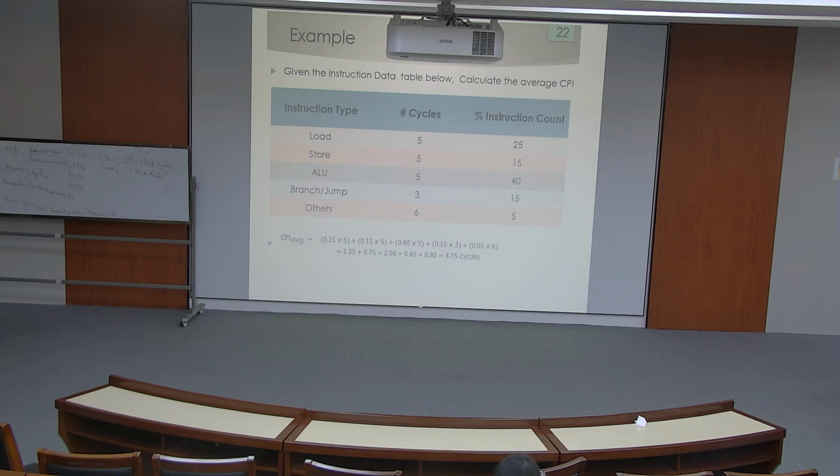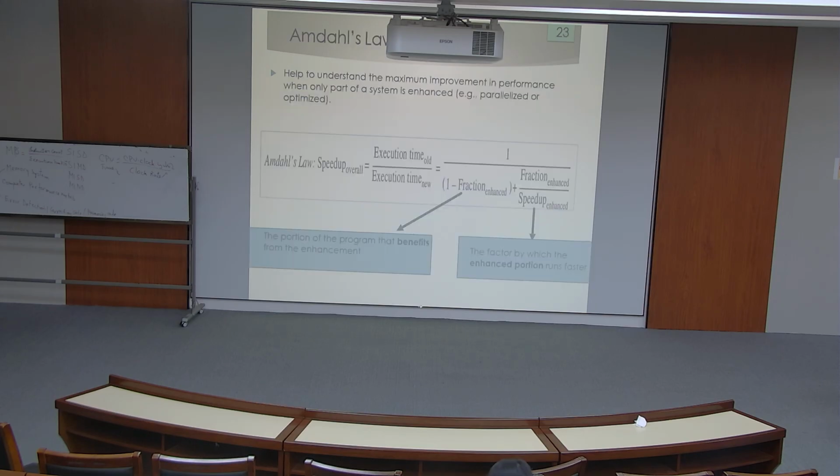Also, very important to note that Amdahl's law. Make sure you also revise Amdahl's law. It helps to understand the maximum improvement in performance when only a part of a program is improved. Now, you have the speedup, which is the execution time divided by the execution time of the new system after it has been improved.